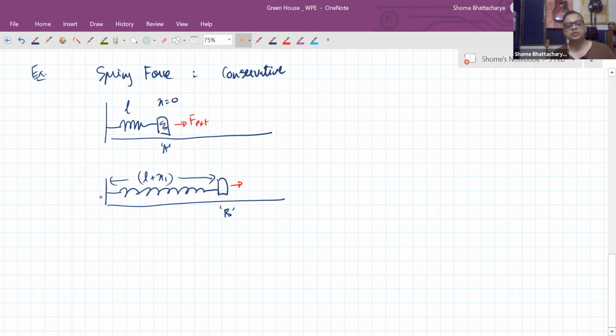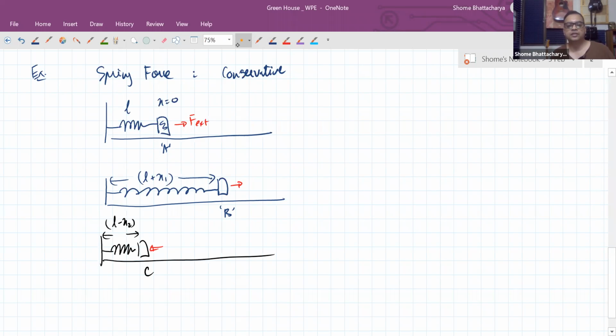Okay. Then allows it to come back and actually pushes it so that the spring comes to now this position C, where it's actually got compressed.